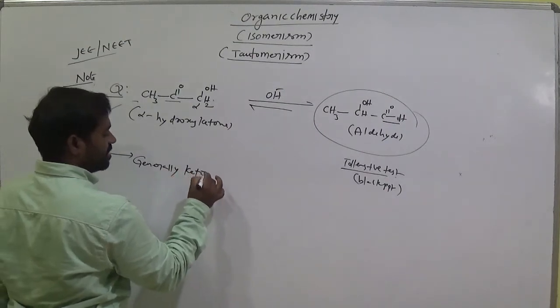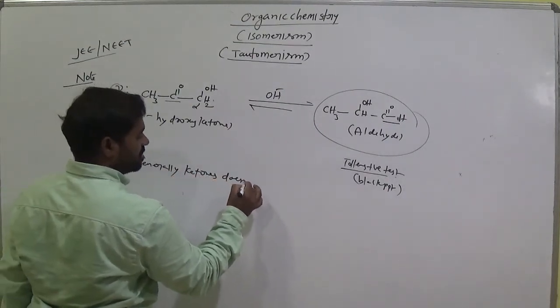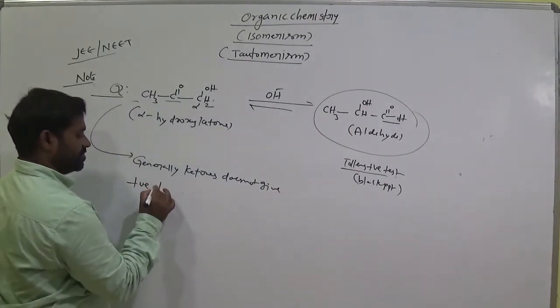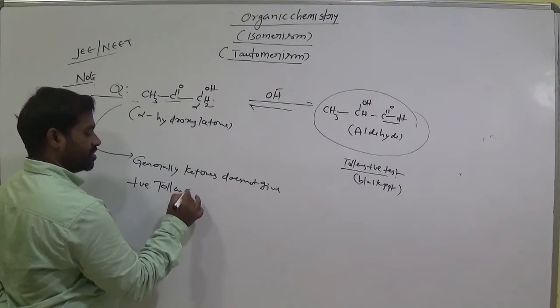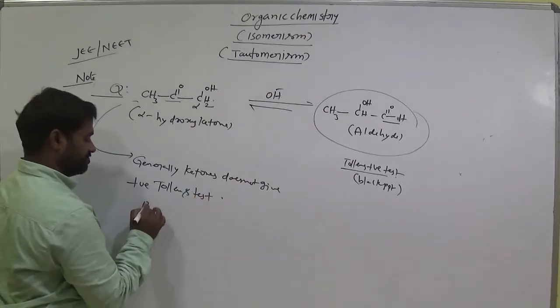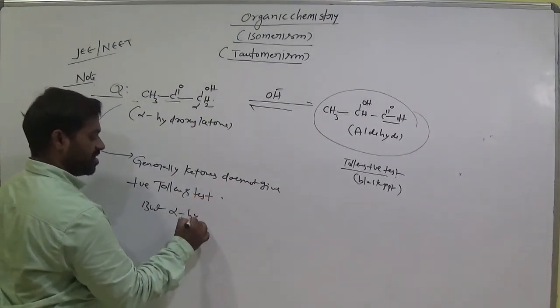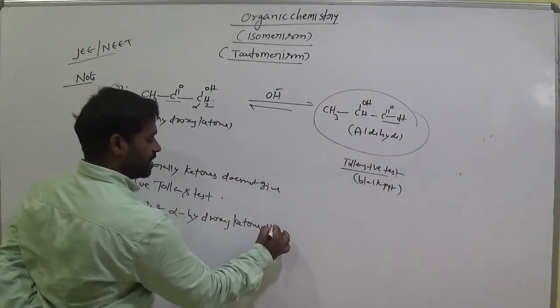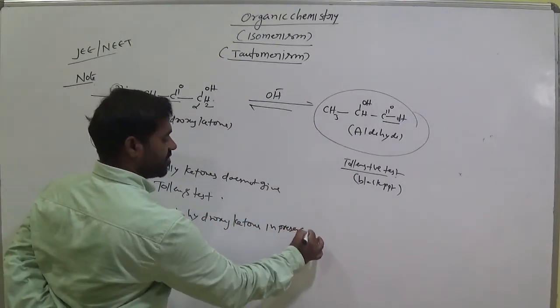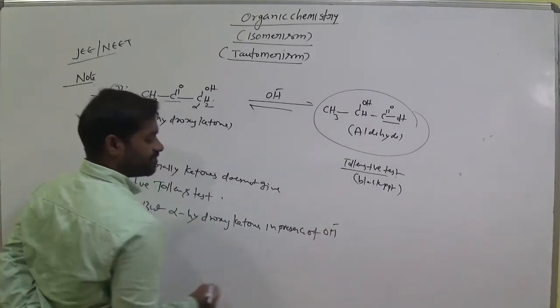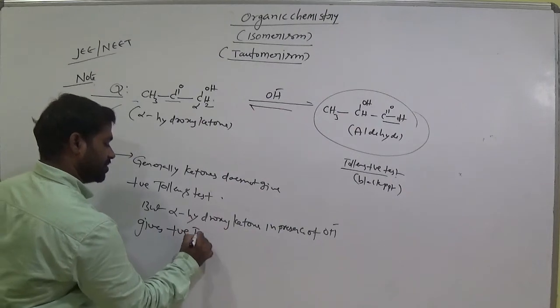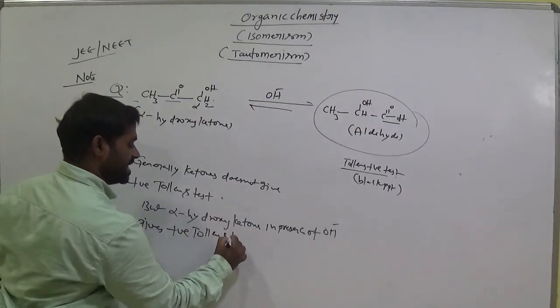Generally ketones do not give a positive Tollens test, but alpha hydroxy ketones in presence of base give a positive Tollens test.